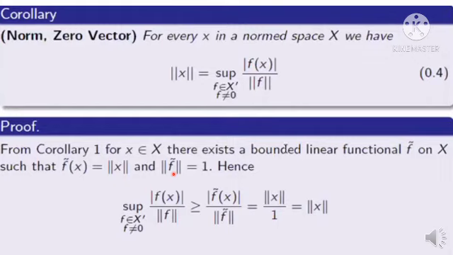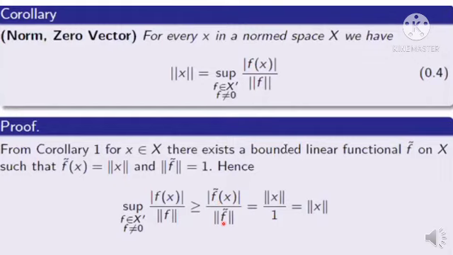Hence the supremum of this ratio, that is the absolute value of f of x over the norm of f, where the supremum is taken over all bounded linear functionals, must be greater than or equal to the absolute value of f tilde of x over the norm of f tilde.